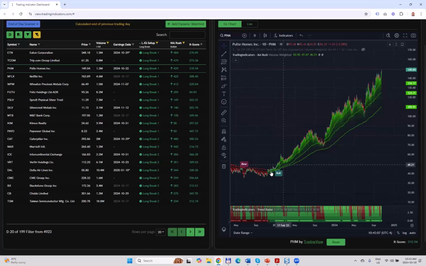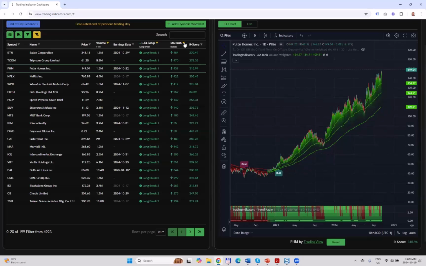And whatever reading was last, so in this case, bull was last, this is your current trend direction. So here, very easy to see our current trend direction is bullish. We're in an uptrend. And of course, you could have probably also seen this just by looking at this price move here. But what's important is that you can actually scan for those ones.